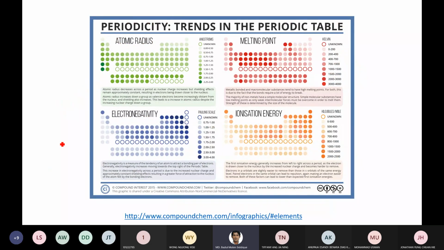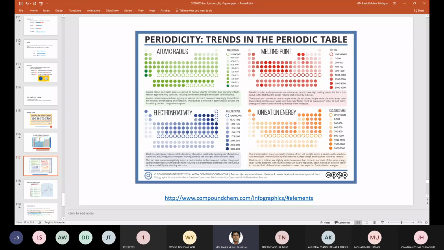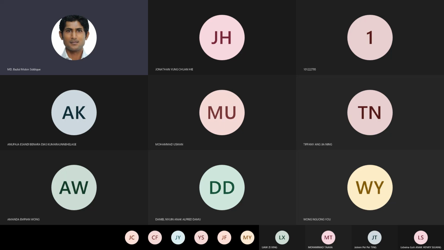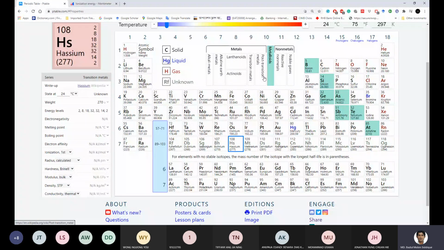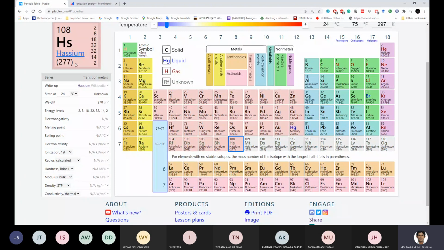Okay, and atomic radius, of course, if we look, I go to the periodic table where we see a better one. So this is my favorite periodic table, actually Ptable from the internet.